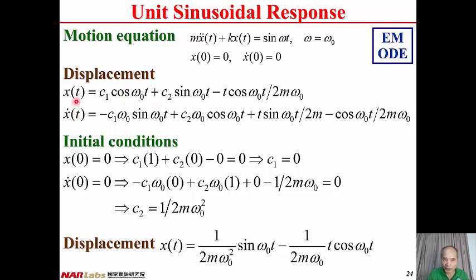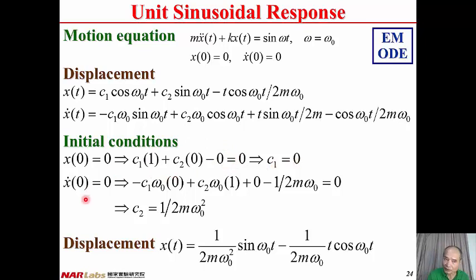Take the first derivative of the displacement. We have the velocity expressed in this way. And from initial displacement, x of 0 equal to 0, then we have c1 times cosine 0 equal to 1, plus c2 times sine 0 equal to 0, minus t equal to 0, equal to 0. From this equation, we can solve for c1 equal to 0.